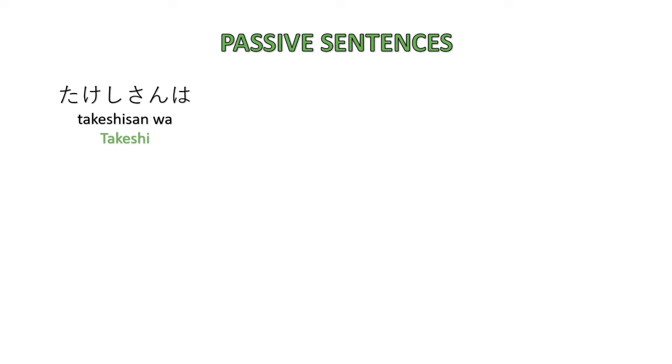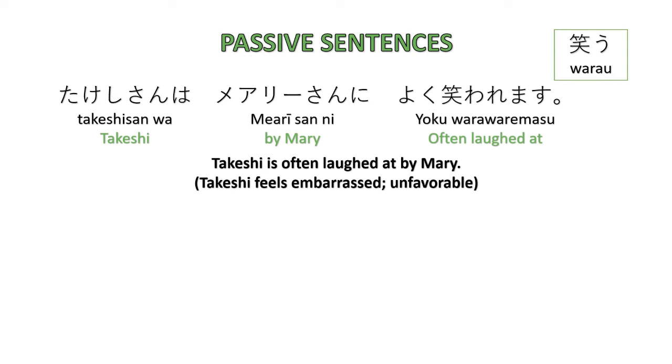Okay, example. Takeshi-san wa Mary-san ni yoku warawaremasu. Takeshi is often laughed at by Mary. So again, in Japanese, commonly, the passive voice has a negative connotation. So Takeshi feels embarrassed. So this is unfavorable to him. He's being laughed at by Mary.